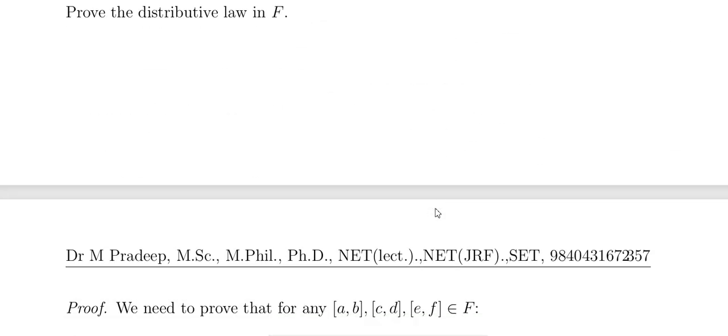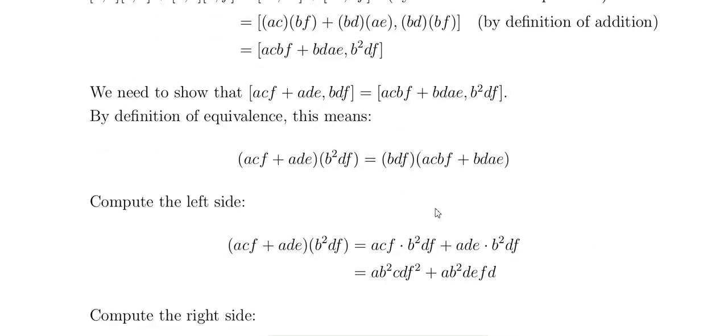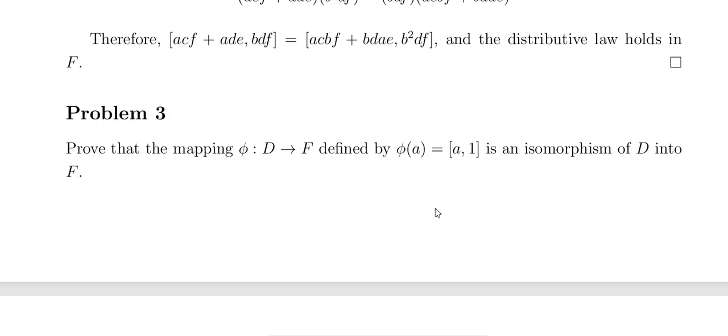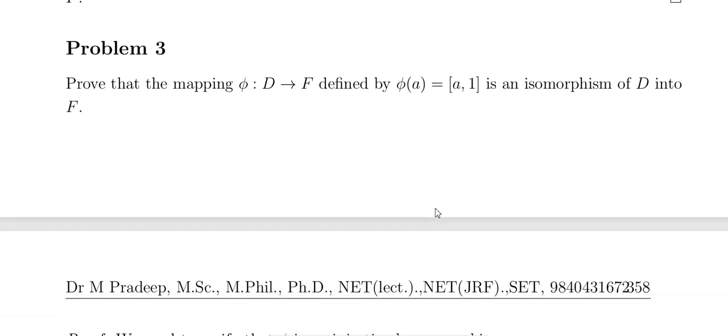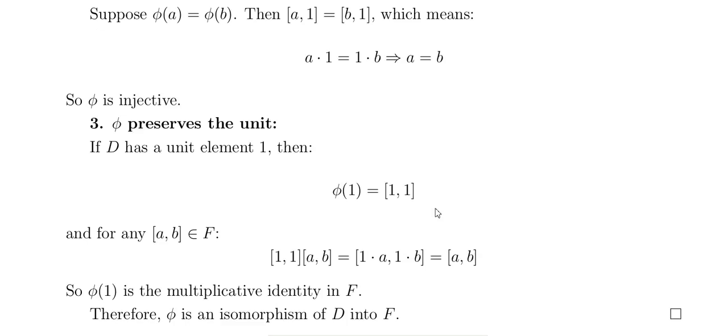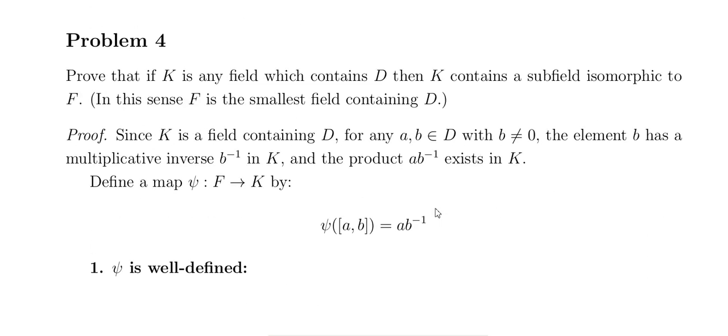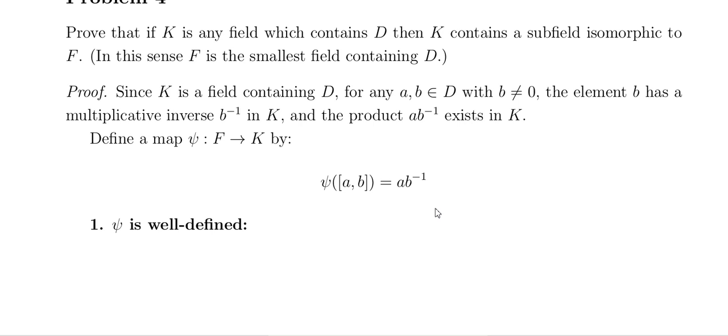And the distributive law in a field F is true for the definition of a comma b equal to a dash b dash. When the K is any field which contains D, the K contains a subfield isomorphic to F.